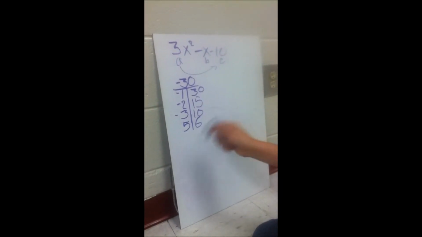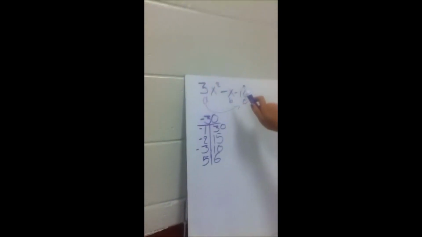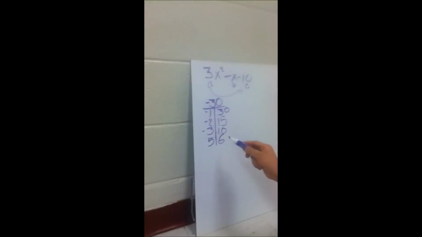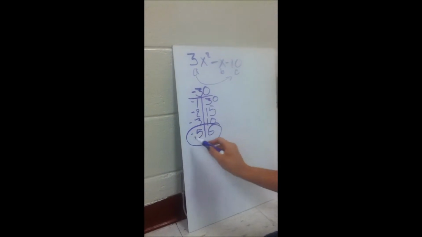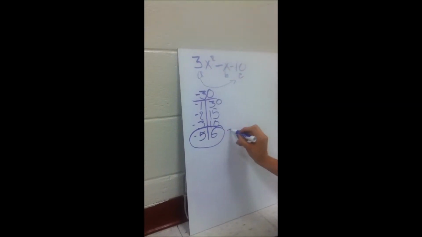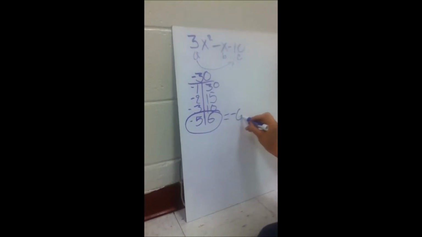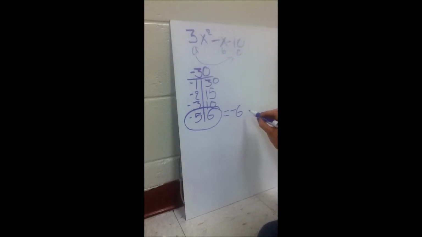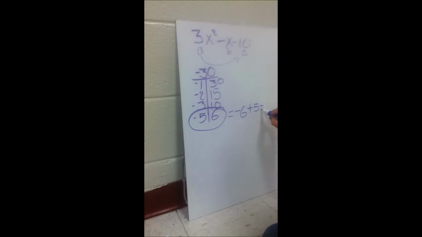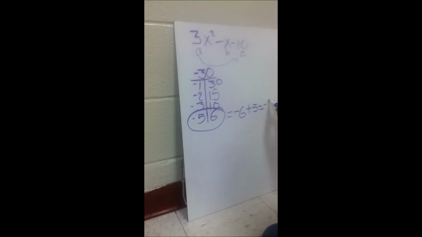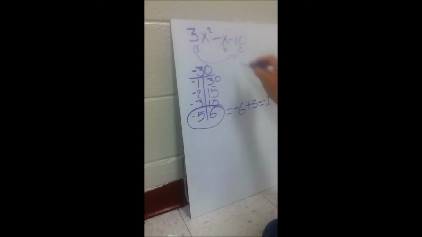But at the same time, you also want to find the factors that add up to negative 1, the middle term. You just have to switch the signs. So negative 6 plus 5 equals negative 1.